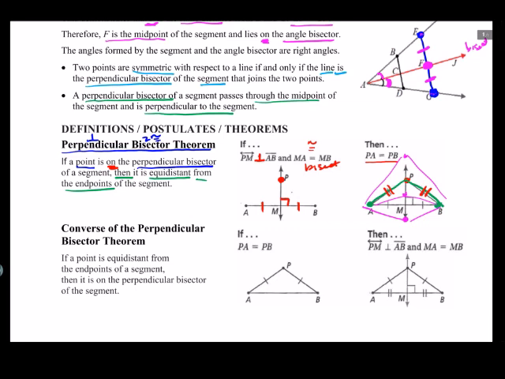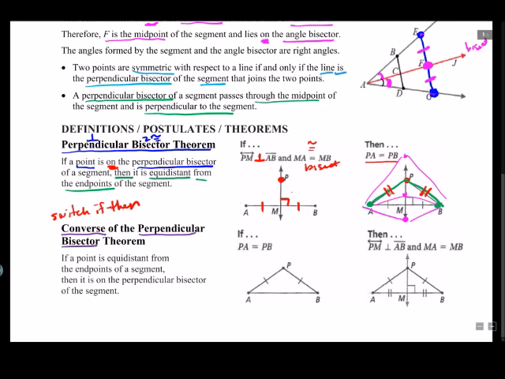Okay, good stuff there. Next is the converse of the perpendicular bisector theorem. Converse means that we switch our if-then statements. So our result becomes our requirement, and our requirement becomes our result. So let's look at this.